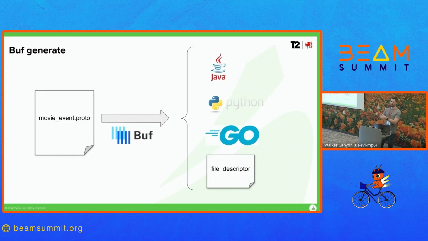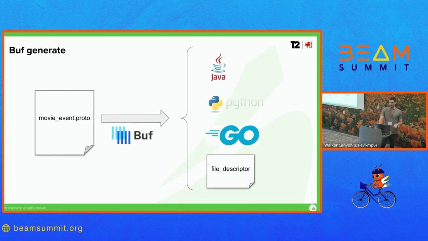I didn't want to go too deep into details in the presentation, but basically it would generate the Java, the Python, Go, whatever language you like, and the file descriptor, which is a binary representation of that Proto, which Beam YAML uses to dynamically read the events, sort of like an abstract syntax tree, if you will.